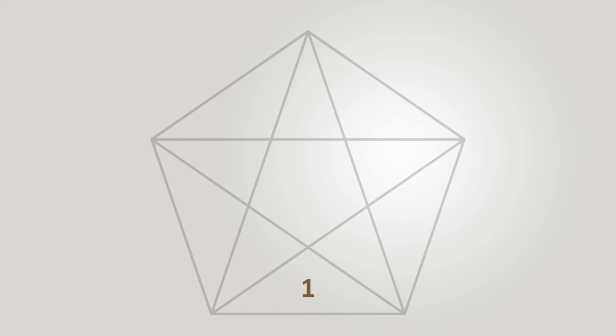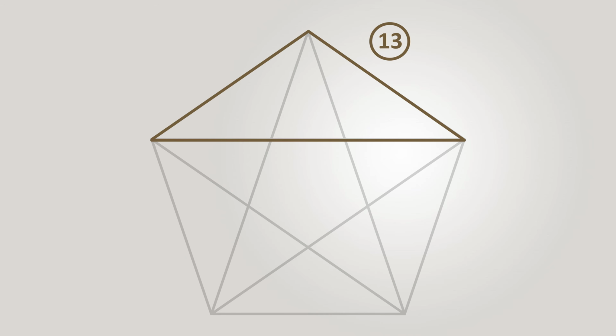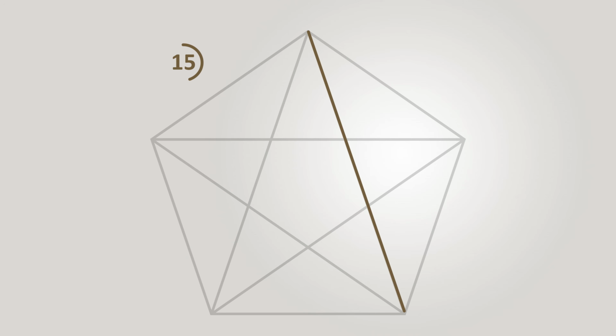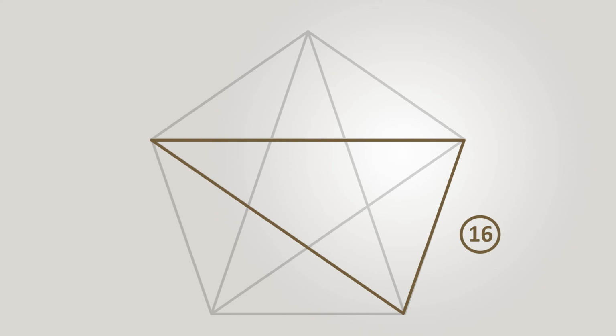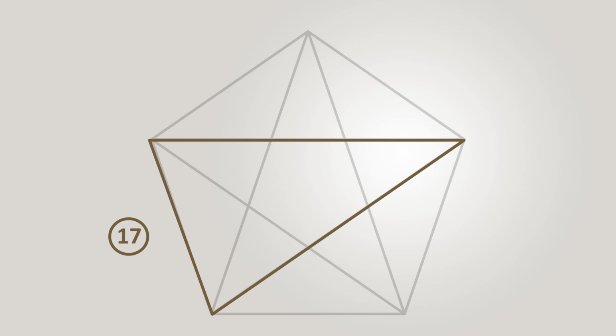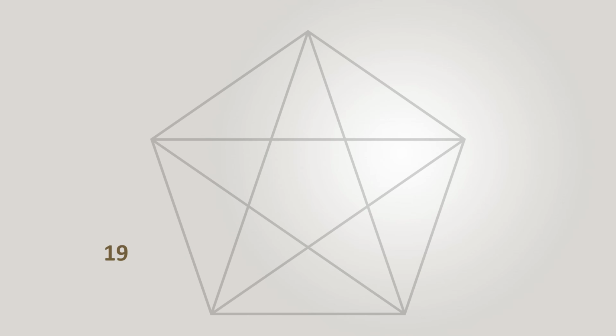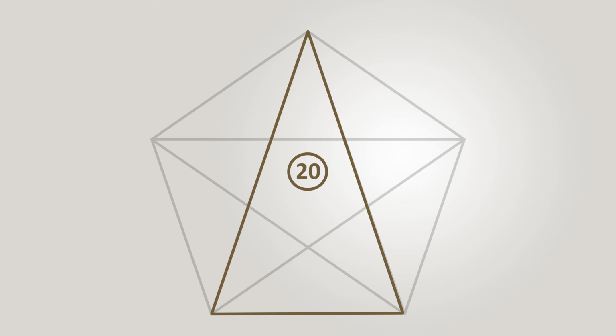Please count with me. 1, 2, 3, 4, 5, 6, 7, 8, 9, and 10. Now let's do the next 10 triangles. 11, 12, 13, 14, 15, 16, 17, 18, 19, and 20.